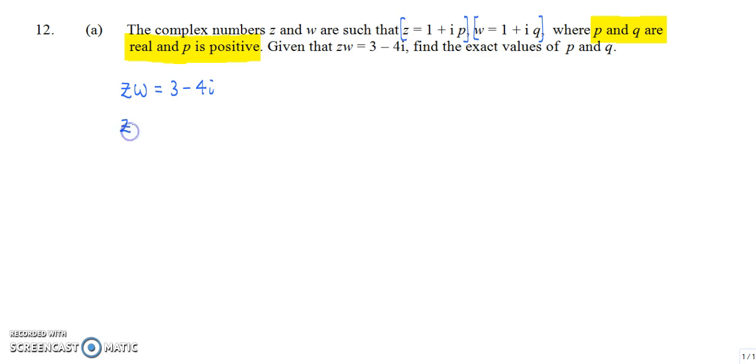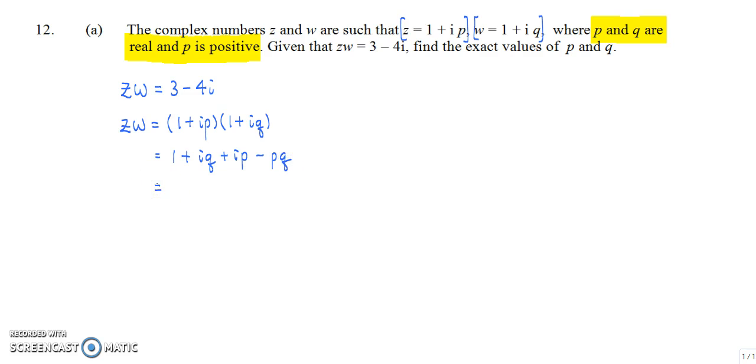Since the question has given us the individual z and w, we now perform substitution and then expand. So we get 1 plus iq plus ip minus pq.